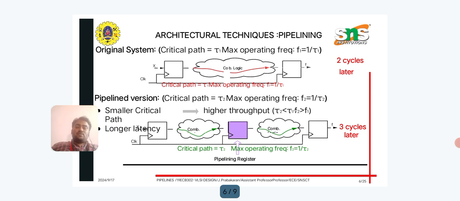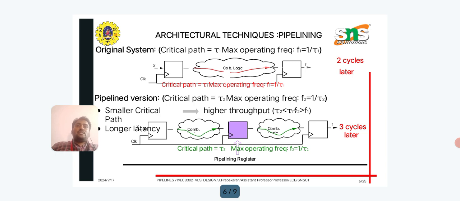Whereas in the pipelined version, critical path tau 2, maximum frequency f2 equals 1 divided by tau 2. In the pipelined version, the critical path is typically reduced because the operation is divided into multiple stages, with each stage handling a smaller portion of the total task.